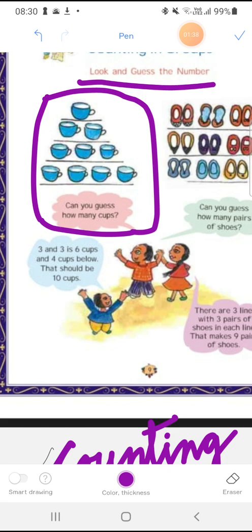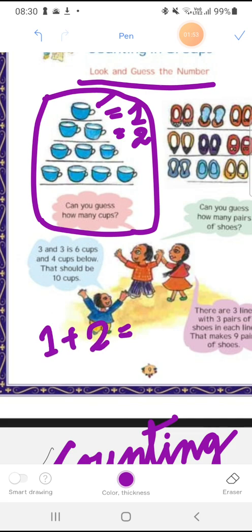Here you see in the first row the number is 1. In the second row the number is 2. So we know that 1 plus 2 equals 3. See, 1, 2, 3. Now in the next row it is 3.